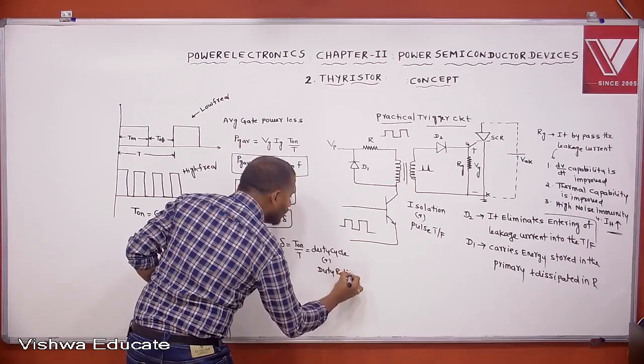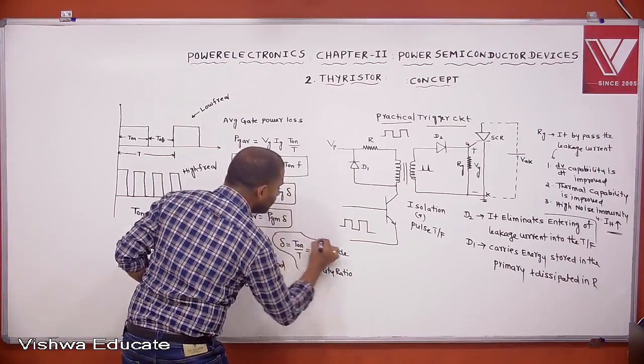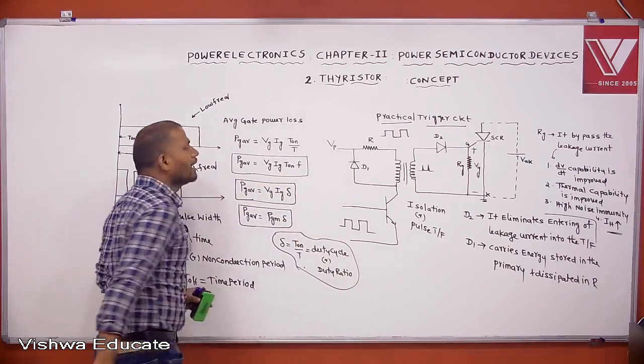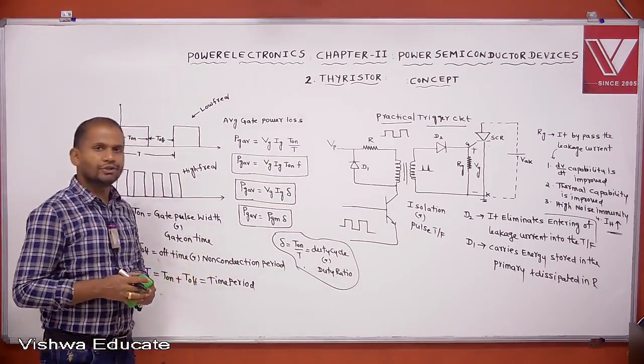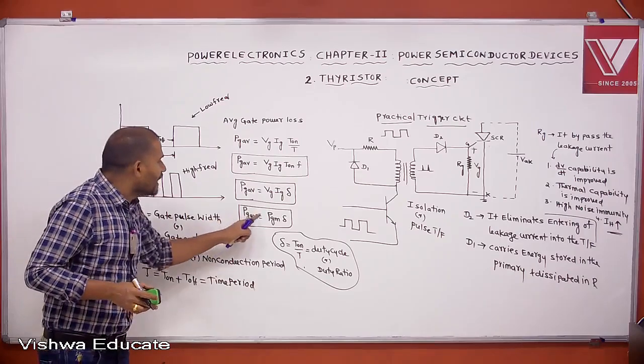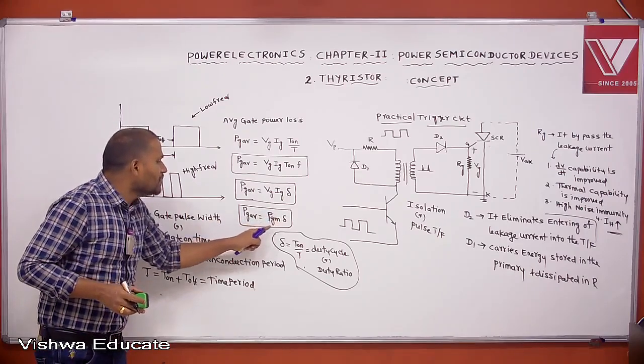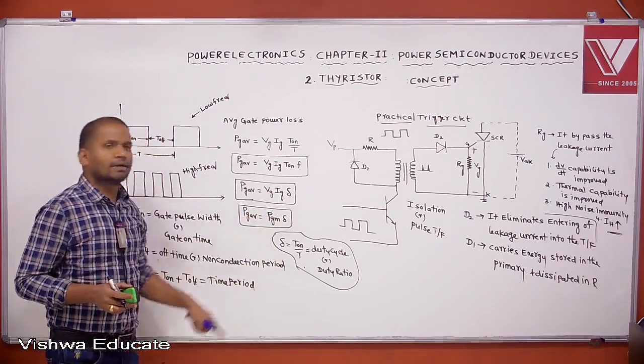Then average gate power loss equals maximum gate power loss into delta.